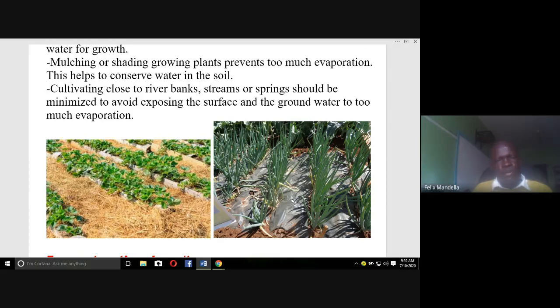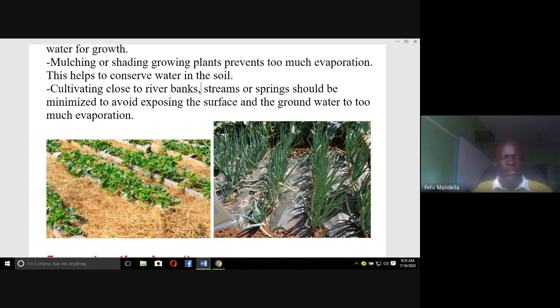Number two, mulching also helps control soil erosion, especially sheet erosion and splash erosion. Splash erosion and sheet erosion can be prevented by mulching.